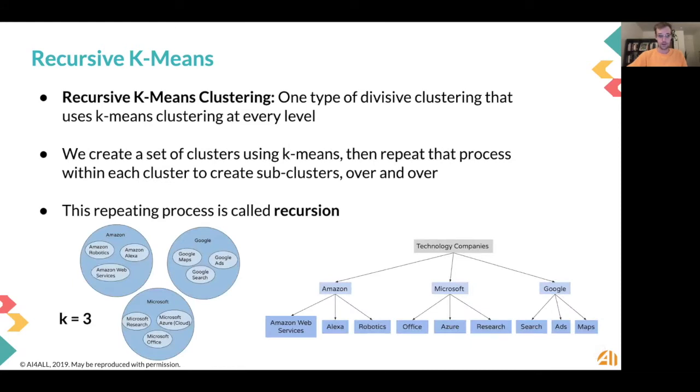Okay, so the idea is that at the very top level, you use k-means to create a certain fixed number of clusters. And then within each of those clusters, you kind of ignore everything else and then run k-means again.